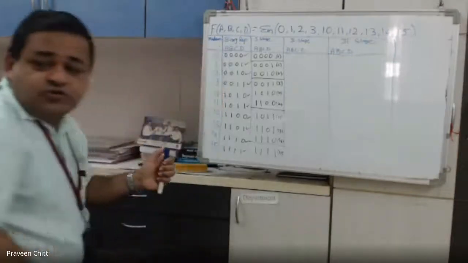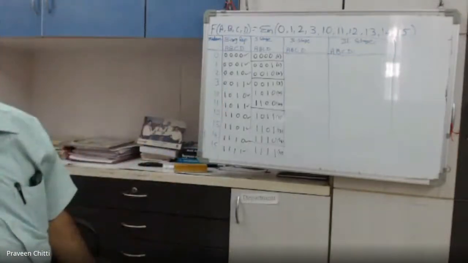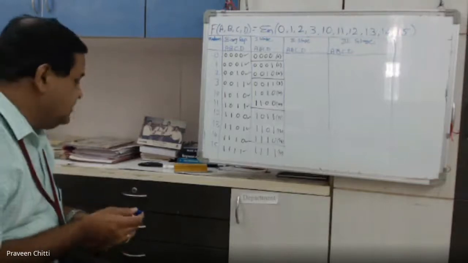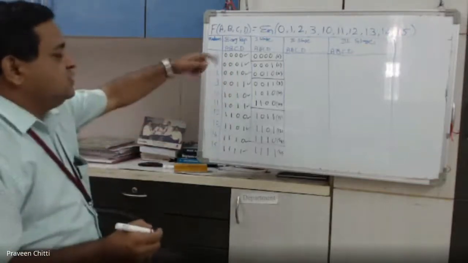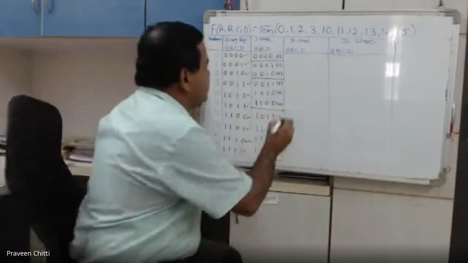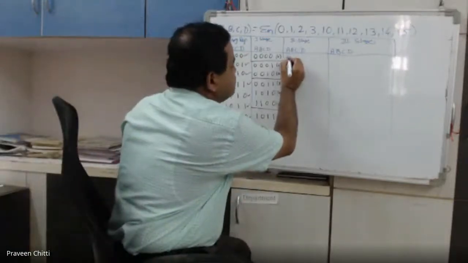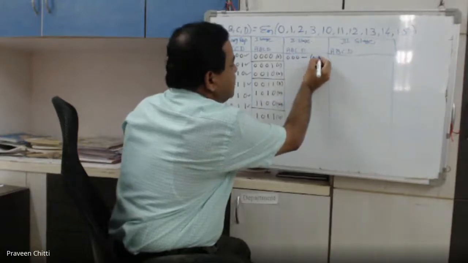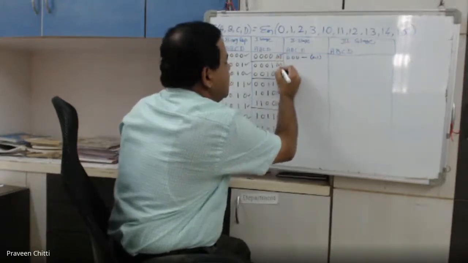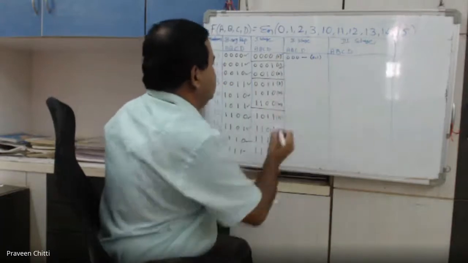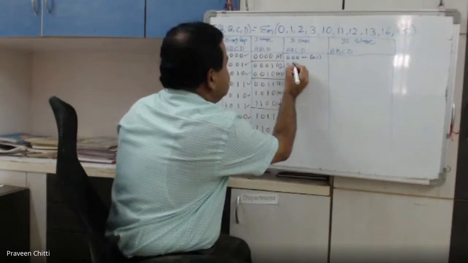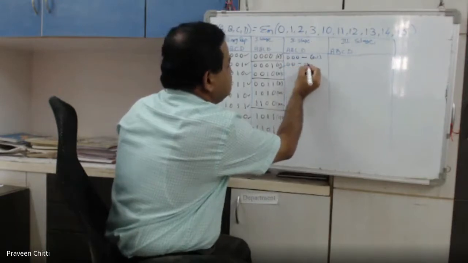Next, what do I need to do? As I said, you need to compare one group with the next group. So do the comparison. 0 and 1 can be combined, and I can write this as 0, 0, 0, dash. I got it by combining 0 and 1. Then 0 and 2 also can be combined, and I can write 0, 0, dash, 0.